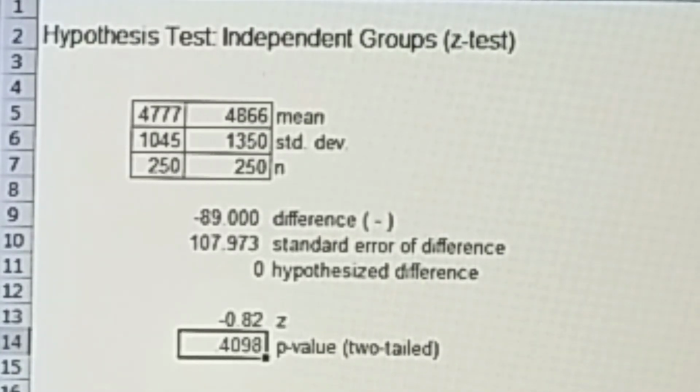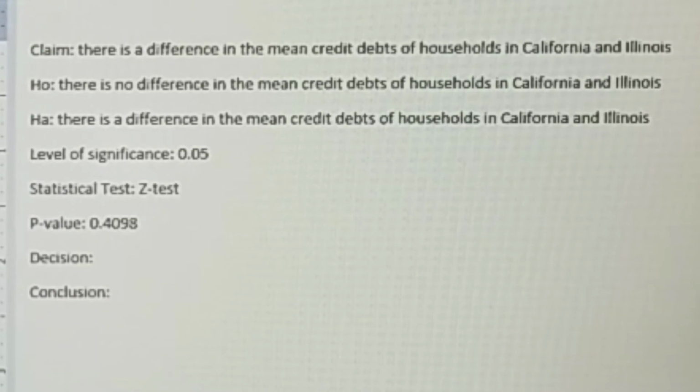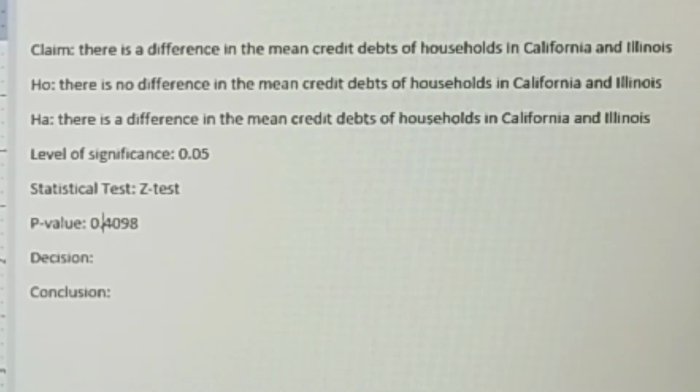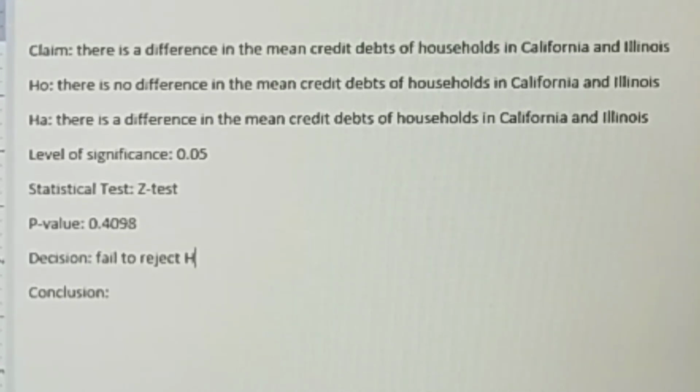So let us now write the p-value, that is 0.4098. And then for the decision, that is fail to reject H0.